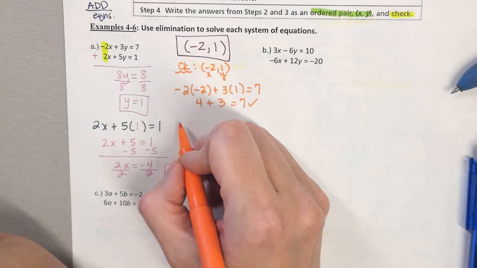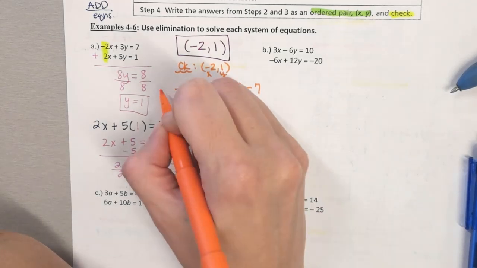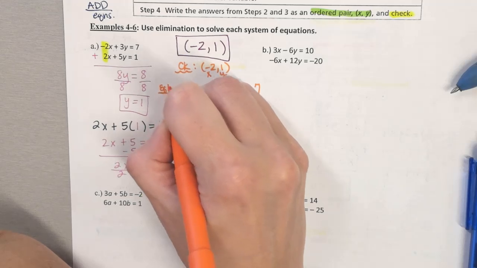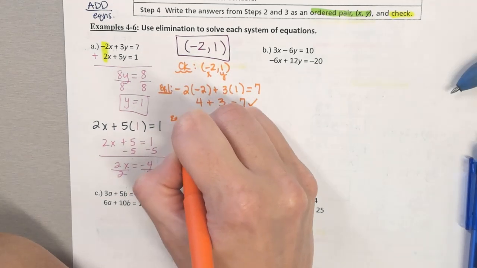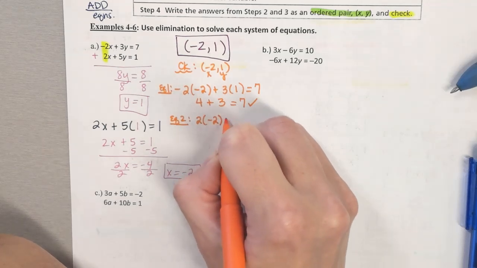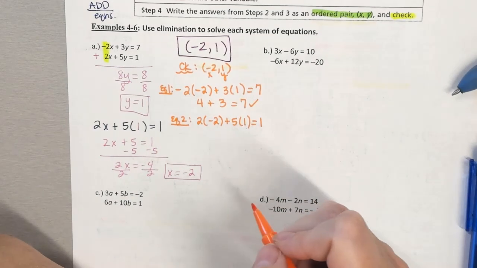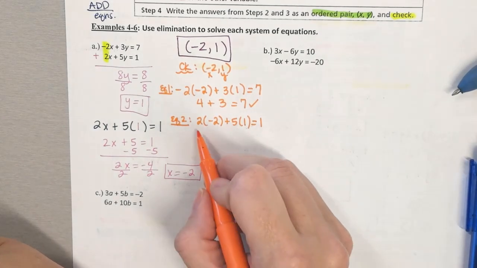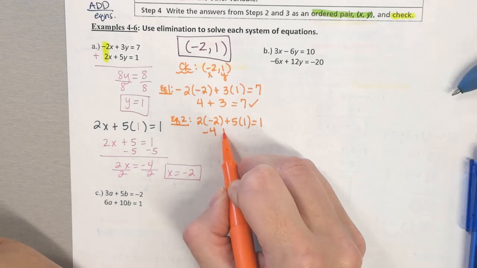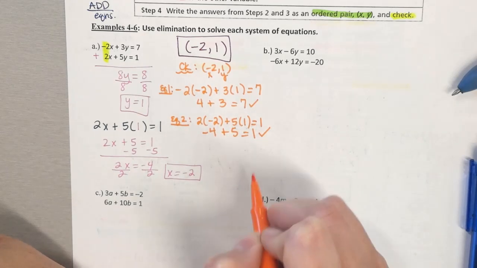Then it has to work for both equations. So this is equation 1. Let's check it in equation 2. 2 times x plus 5 times y equals 1. 2 times -2 is -4. Is -4 plus 5 equal to 1?